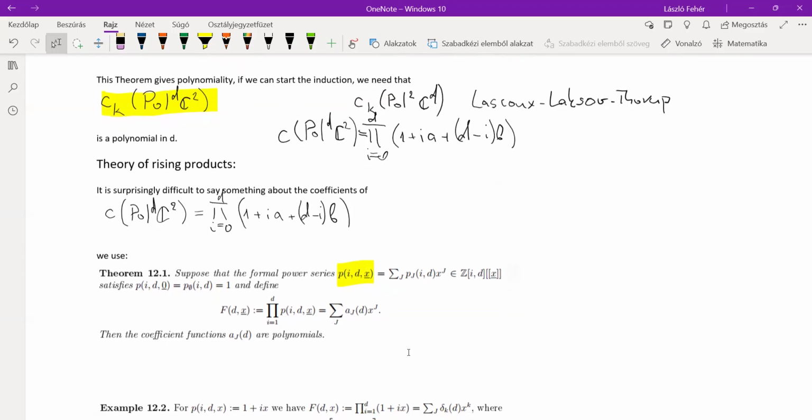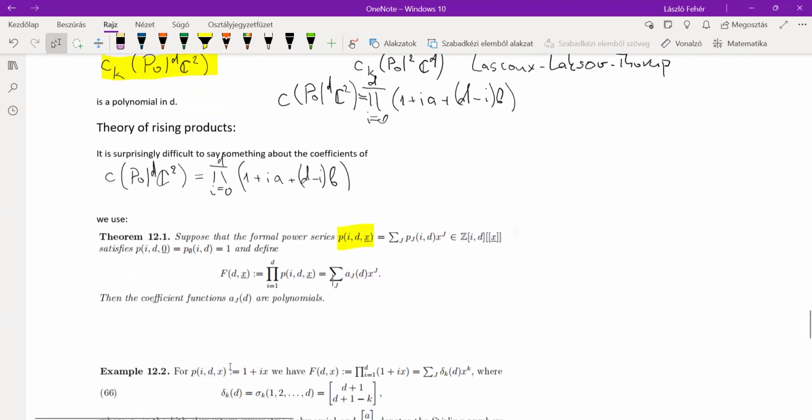Let's say that our polynomial is 1 plus ix. So there is not even a dependence on D. Of course, in the product, there will be a dependence on D.